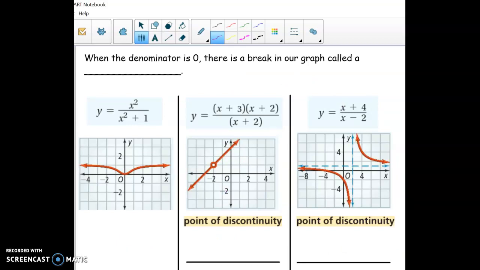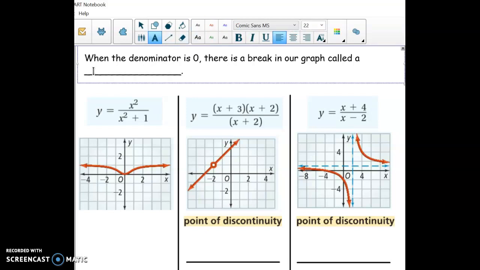This would be a good thing to write down: when the denominator is 0, there's a break in the graph called, this is a big word that Mr. Westphal probably can't spell, a discontinuity. That's my best guess at how to spell it.